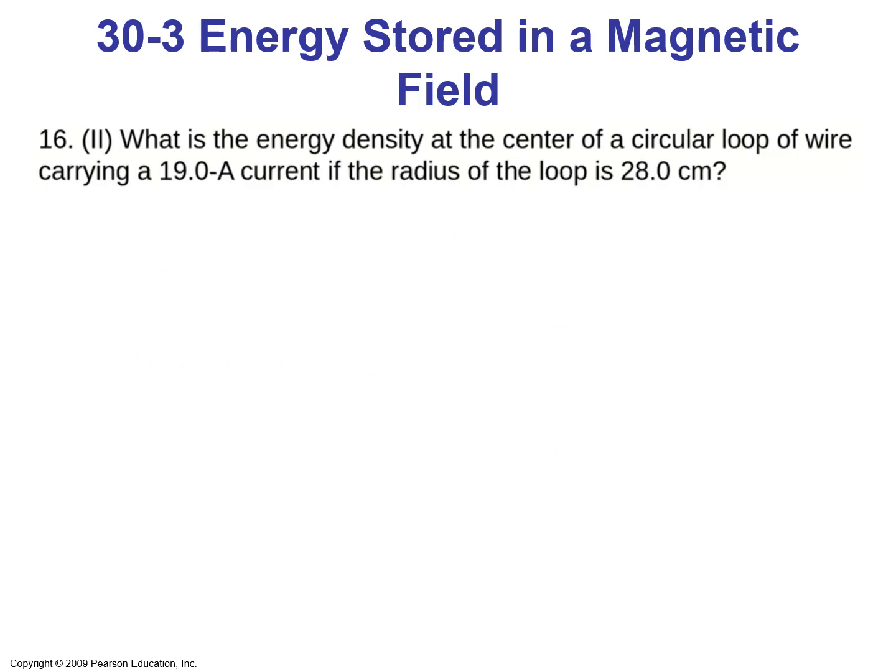Okay, we'll look at problem number 16 in the book as an example. What is the energy density at the center of a circular loop of wire carrying a 19 amp current if the radius of the loop is 28 centimeters? So to solve this problem, we use equation 30-7 to calculate the energy density with the magnetic field. Also look at example 28-11 for the magnetic field of a circular loop.